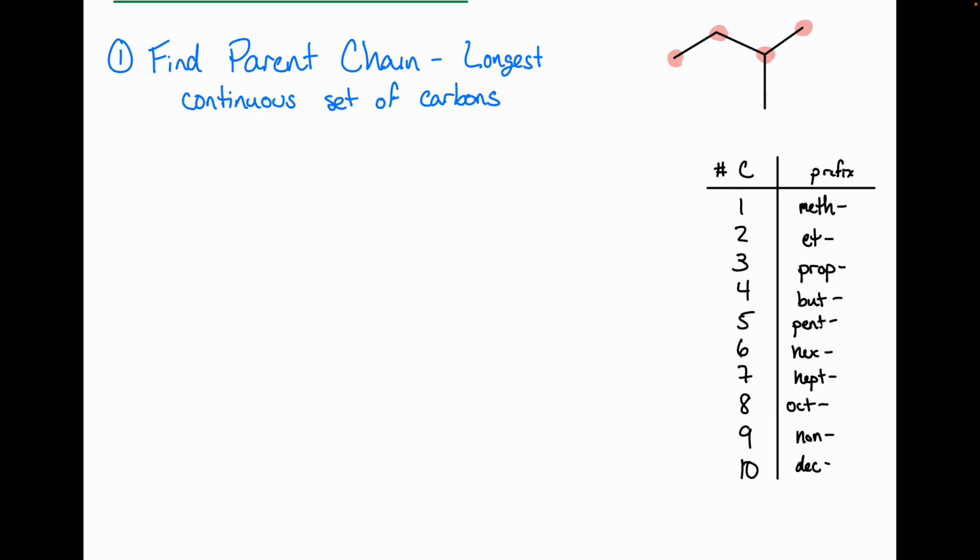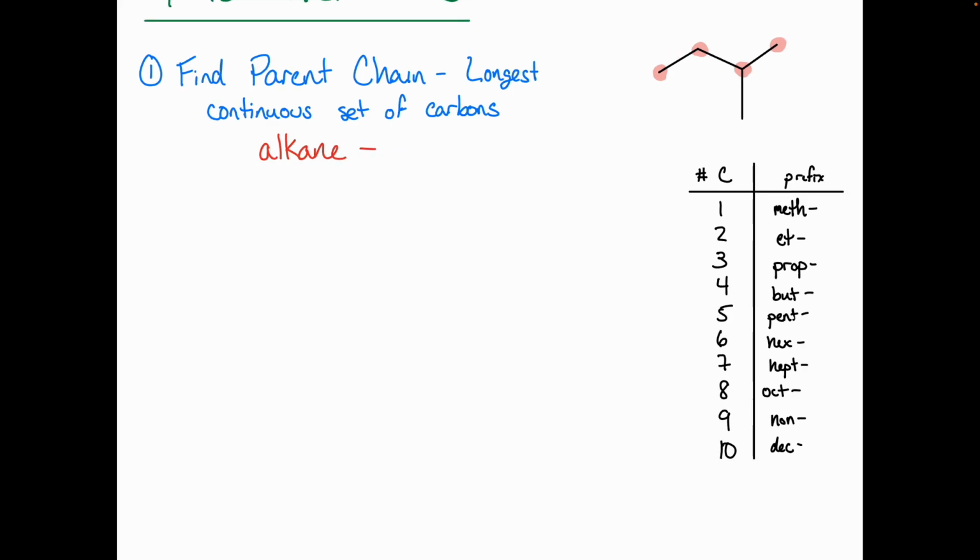Okay, so we have these prefixes that we're going to use to name our parent chain, and we stick these prefixes on the suffix that corresponds to our particular functional group. In this case, we have an alkane, so that has this ane suffix.